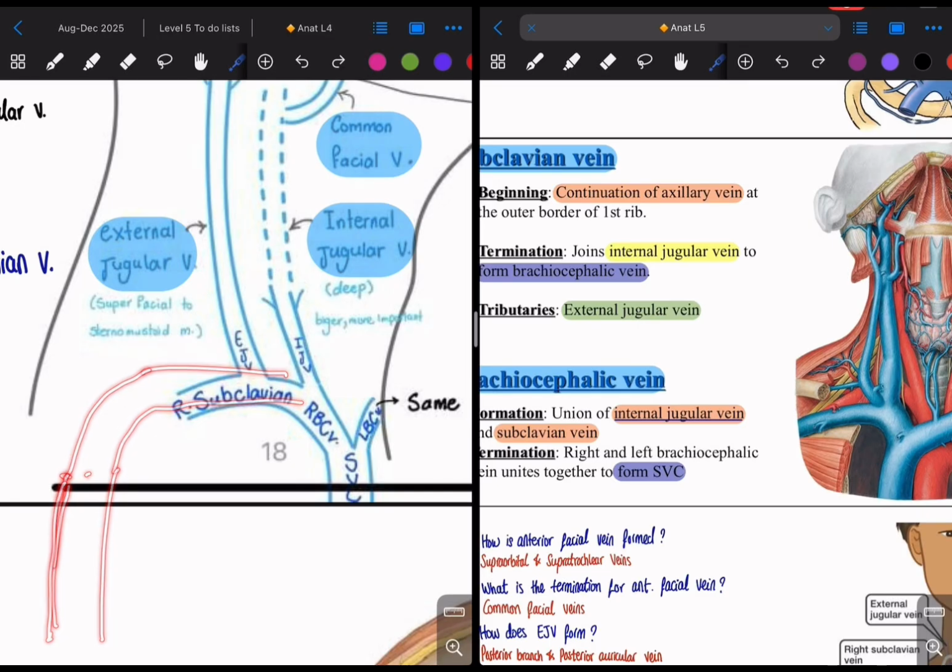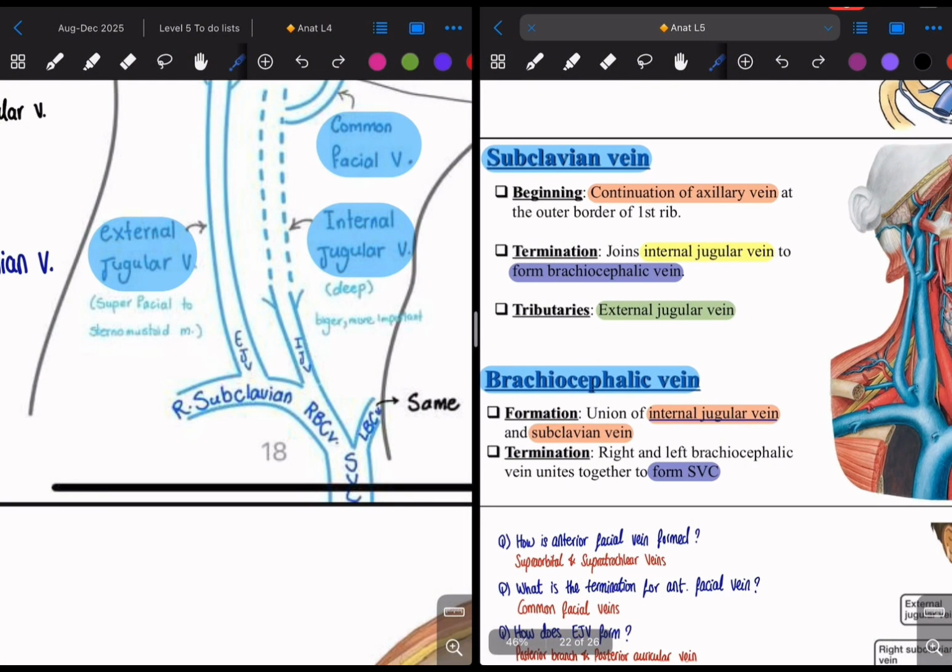Right? So here, it's the same thing, but the opposite, vice versa. For the subclavian vein, originally it was the axillary vein. Once it reaches the first rib, it changes its name into subclavian vein. So the beginning of the subclavian vein is the axillary vein.